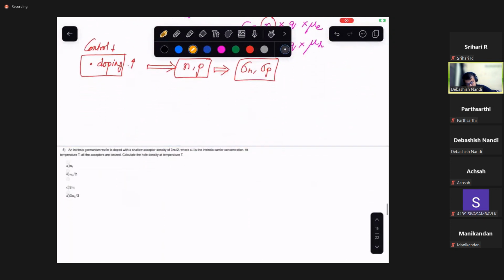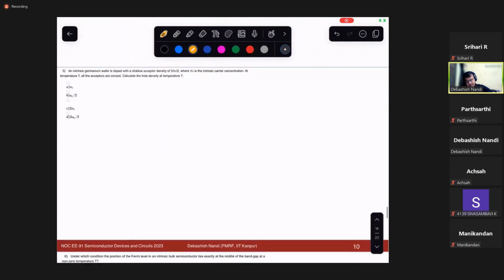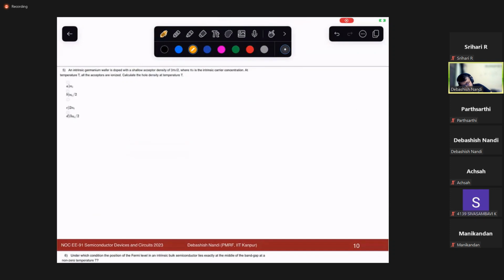Okay, so let's move on to problem number 5. An intrinsic germanium wafer is doped with a shallow acceptor density of this, where ni is the intrinsic carrier concentration at room temperature. First, I write the charge balance equation: p plus Nd plus minus n minus Na minus equal to 0.